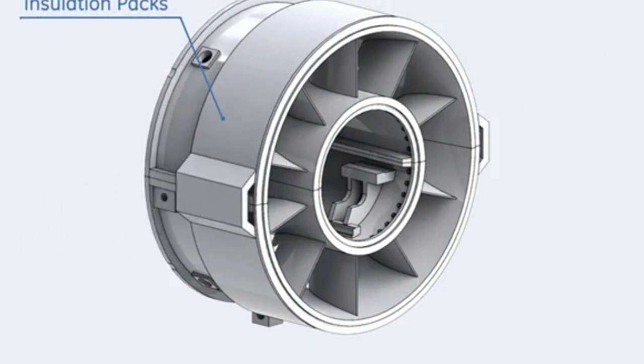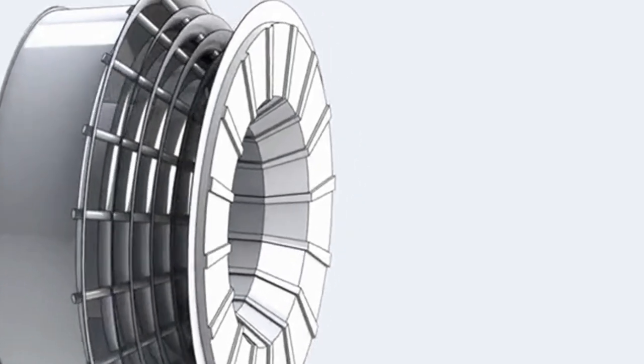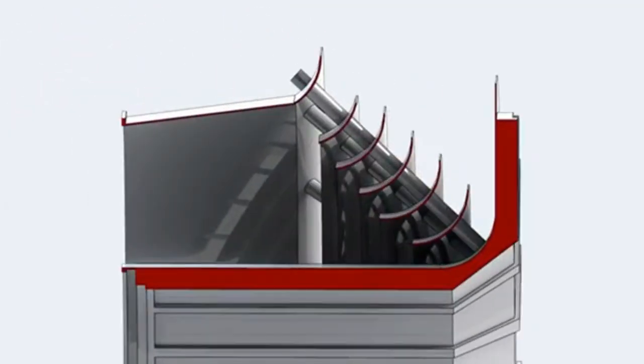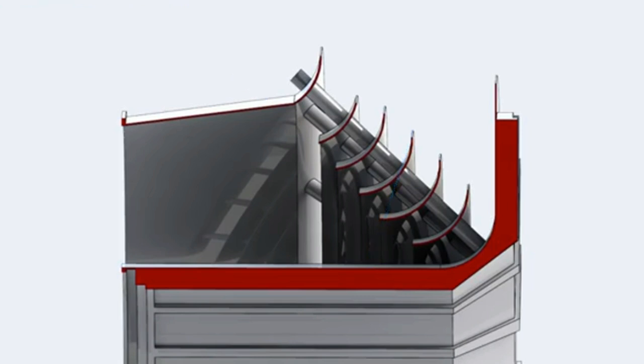The exhaust diffuser is located at the extreme aft end of the gas turbine, bolted to the exhaust frame. The exhaust diffuser is a fabricated assembly consisting of inner cylinder and outer divergent cylinder. This divergent configuration reduces the exhaust gas's velocity and increases its pressure.